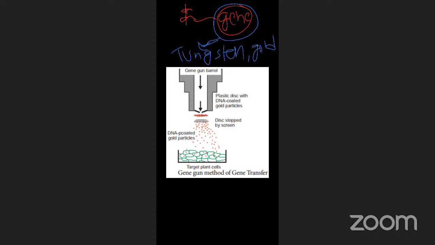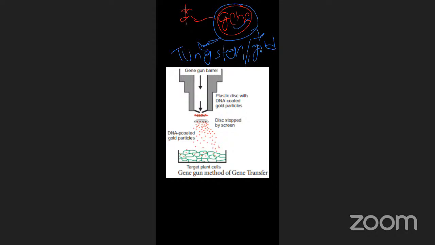So first in this method, the foreign DNA containing the gene to be transferred is coated. First of all, we have to select the foreign DNA, the foreign gene. This is the foreign gene, right? This foreign gene is coated on the surface of gold or tungsten particles.